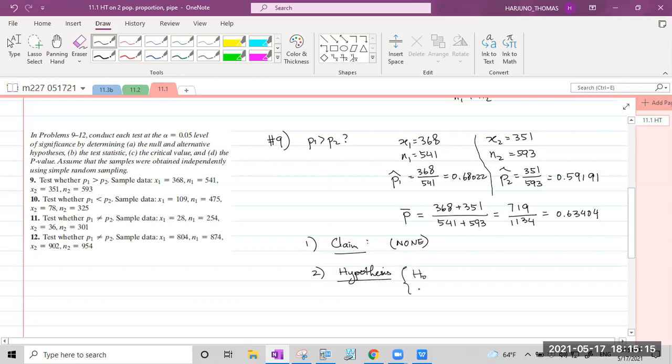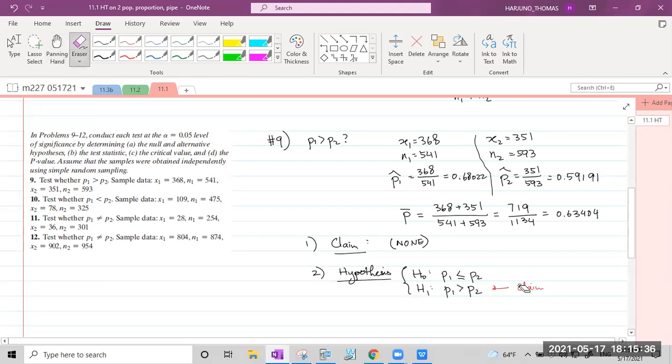Null hypothesis, alternate hypothesis. P1 is greater than P2. So for the null hypothesis, I get the complement. Actually, I should not say that's the claim.